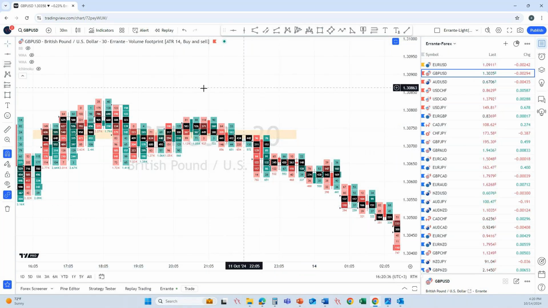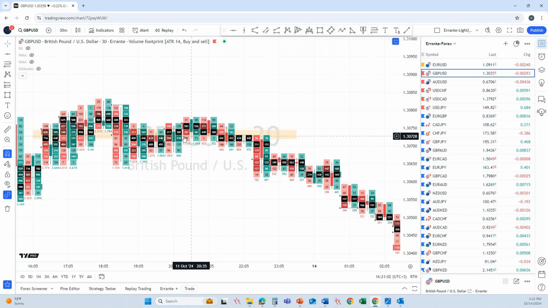Yeah, this is an area of resistance. There was significant selling pressure, which likely acted as a strong resistance zone. And the sellers were most active at this level on the bid side as well, which might indicate resistance.